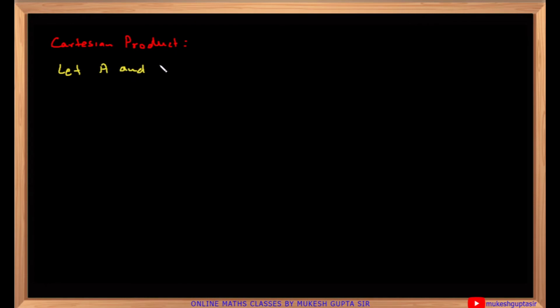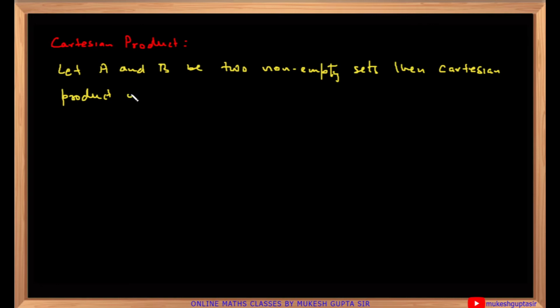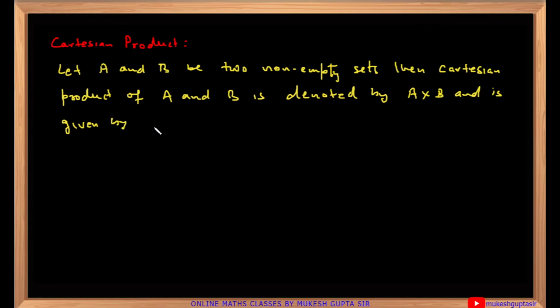Let A and B be two non-empty sets, then the Cartesian product of A and B is denoted by A cross B and is given by A cross B equals the set of ordered pairs where the first entry is from A and the second is from B. That is, (a, b) such that a belongs to A, b belongs to B.